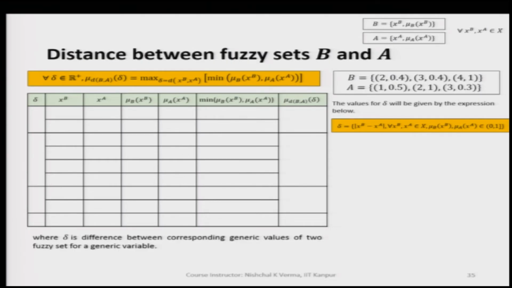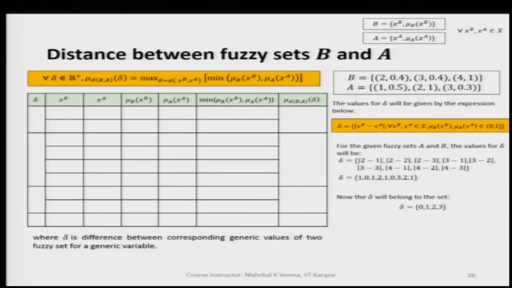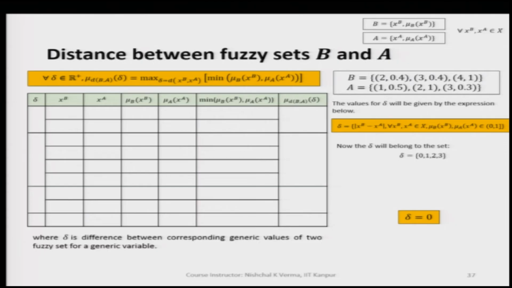Because we are taking the same discrete fuzzy sets A and B, obviously we are going to have the delta, the difference, as 0, 1, 2, 3. For all these delta values, let us now enter these values in this table.